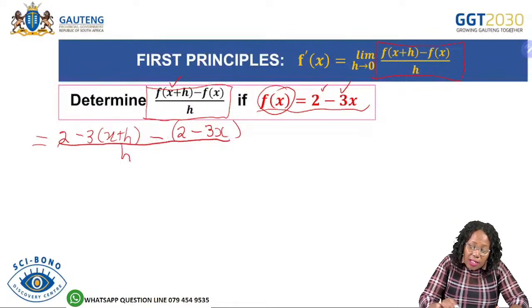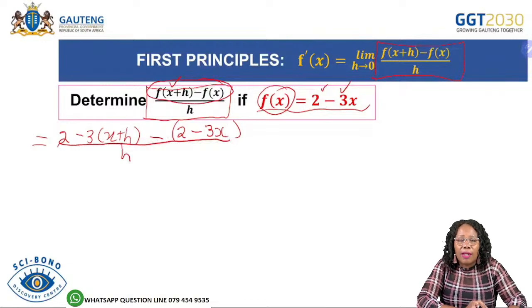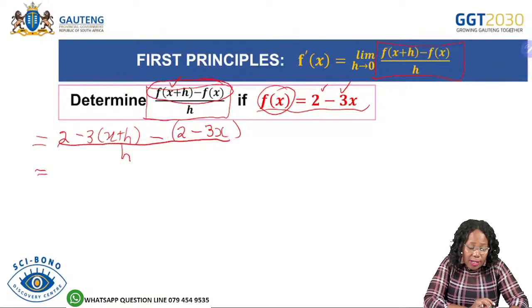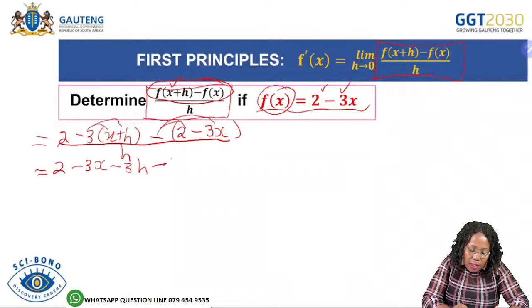Remember, we indicated that if we are subtracting these 2 on top there, your answer must be left with a term with an h. Let's see, grade 12. If you are going correctly, that must be your answer, which is a term with an h. So it will be 2 distributing in there, minus 3x minus 3h, a minus 1 into 2, both of them, that will be minus 2 plus a 3x.